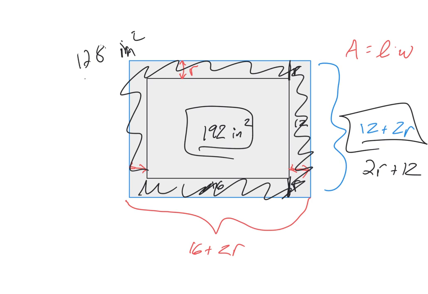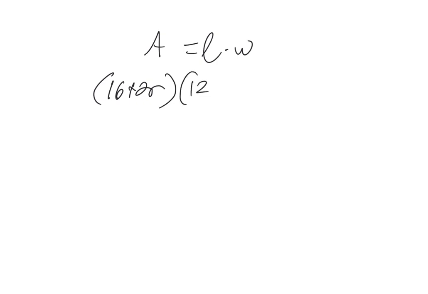So 192 and a grand total area of 320 inches squared. So I'm going to set up an equation. Area for a rectangle, again, is length times width. The length was 16 plus 2R, the width was 12 plus 2R, and that equals a grand total area of 320.